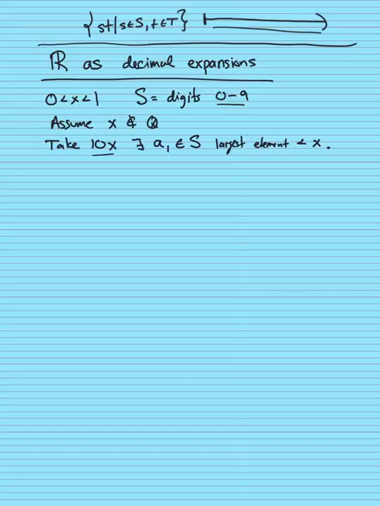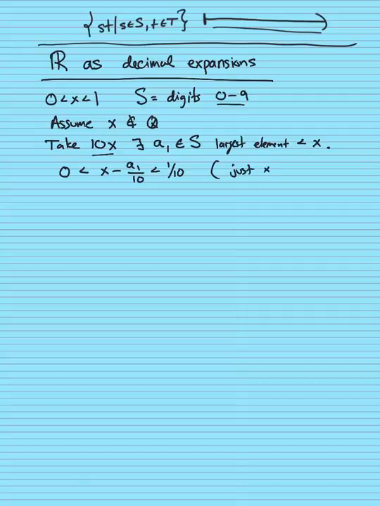So what do we have then? Well, what we know is that 0 is then less than X minus A1 over 10, which is less than a tenth. Okay? So you can see this just by multiplying by 10, right?